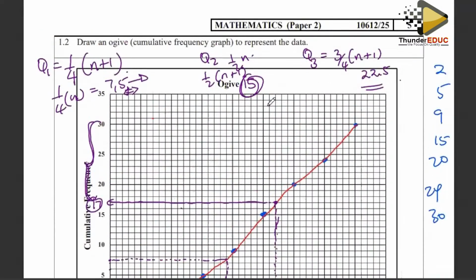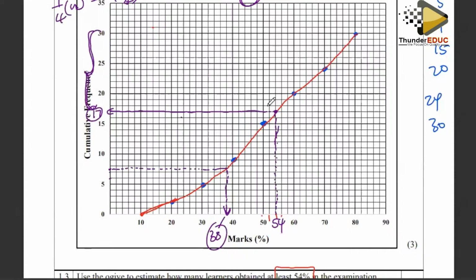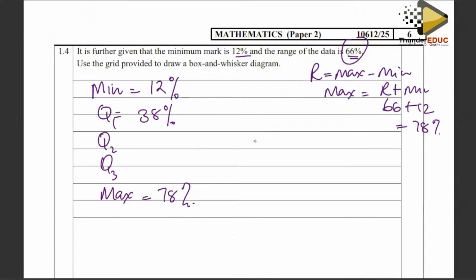Then I need to look for the Q2. We say the position is 15. When I look at the 15 from our graph, we saw already that the 15 is aligning with the 50, meaning that our Q2 is going to be 50%.